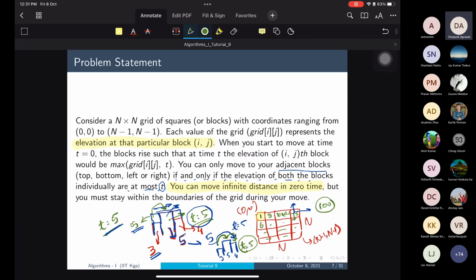Then at t greater than or equal to 100, all the blocks will have an elevation of t. So you can freely move from any particular cell to any cell, right? Yes, sir, in 0 time. Yeah.